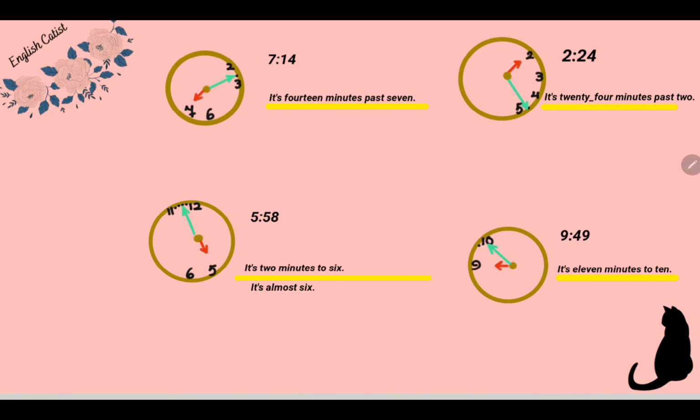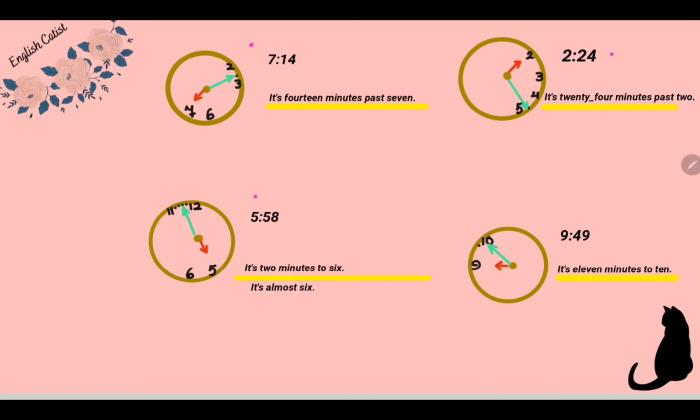Now we have some clocks. We want to do them together, okay? The first one. It's 14 minutes past 7. Can you say the clock? Yeah, it's 24 minutes past 2.